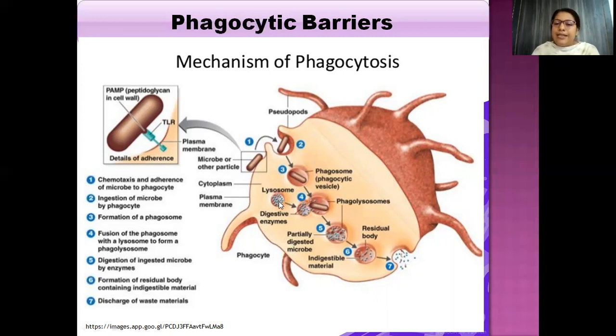Now, lysosome and phagosome fuse together through vesicle attachment and form a second structure that is known as phagolysosome. This is also known as early phagolysosome. Now, in the fourth step, when there is formation of phagolysosome, partial digestion of the microorganism starts taking place in the phagolysosome.